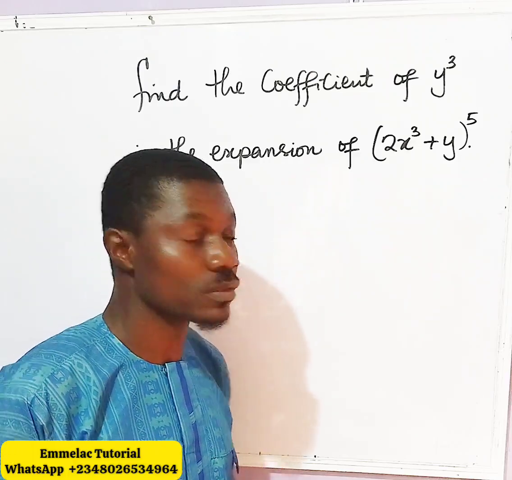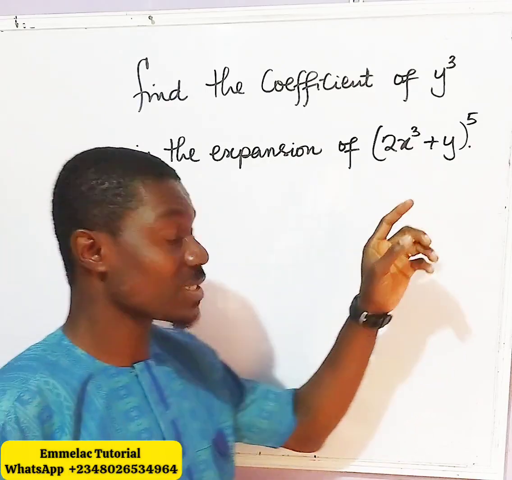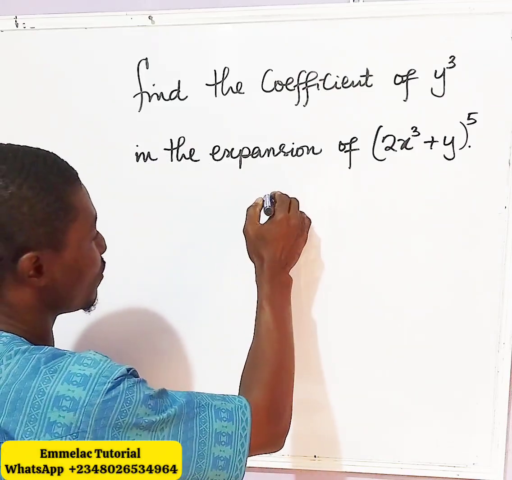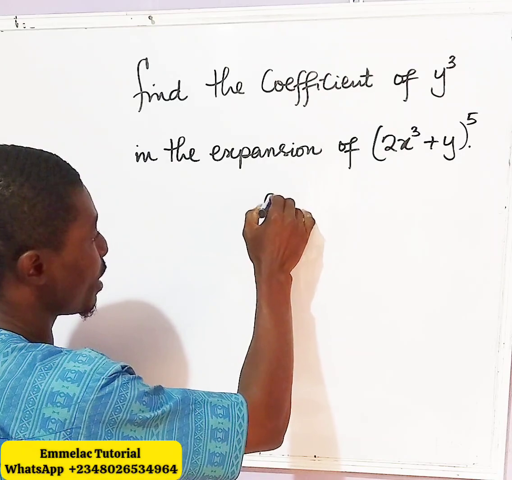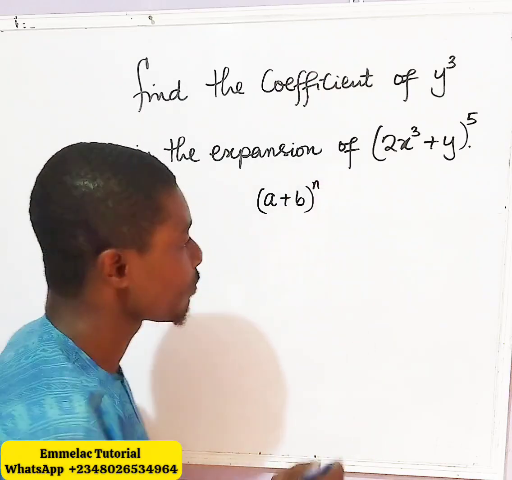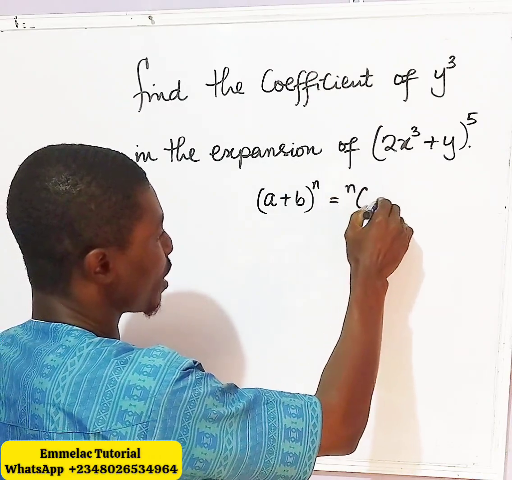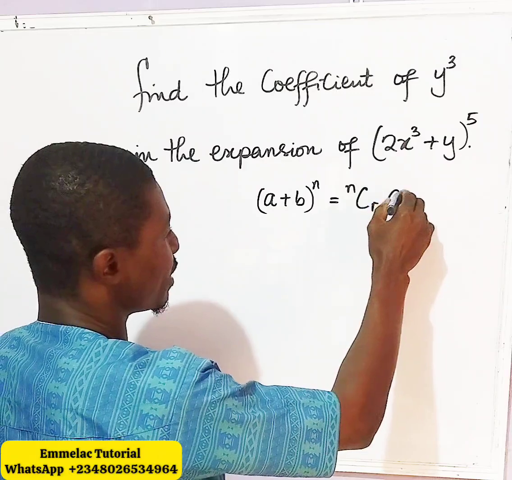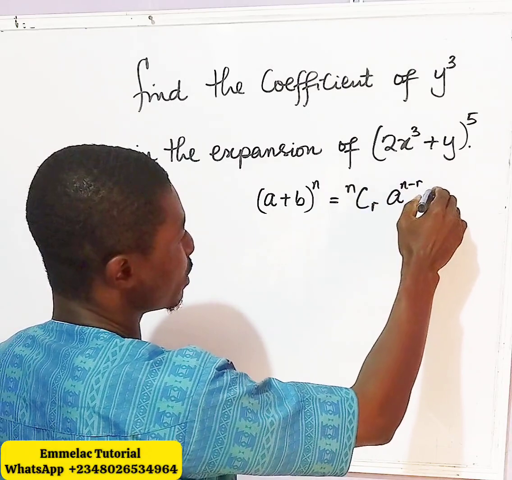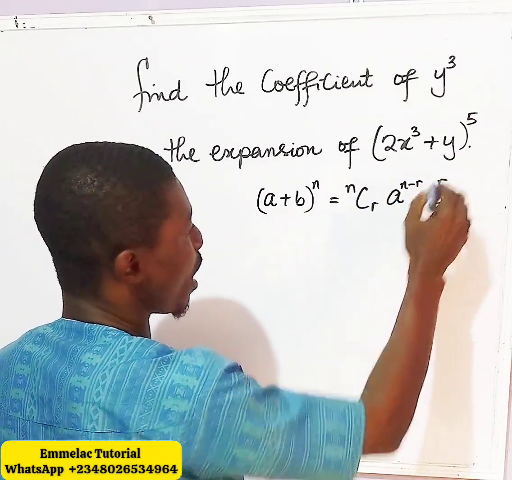Okay, now let us recall that in binomial expansion, especially when it has a degree greater than 2, there's a formula given to it. If you have, let me say, (a plus b) raised to n, this will give us n combination r, then a raised to n minus r, times b raised to r.